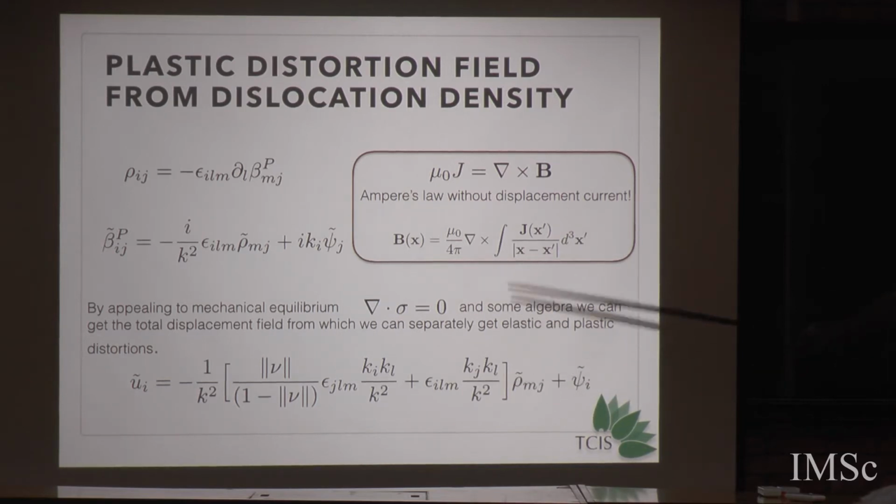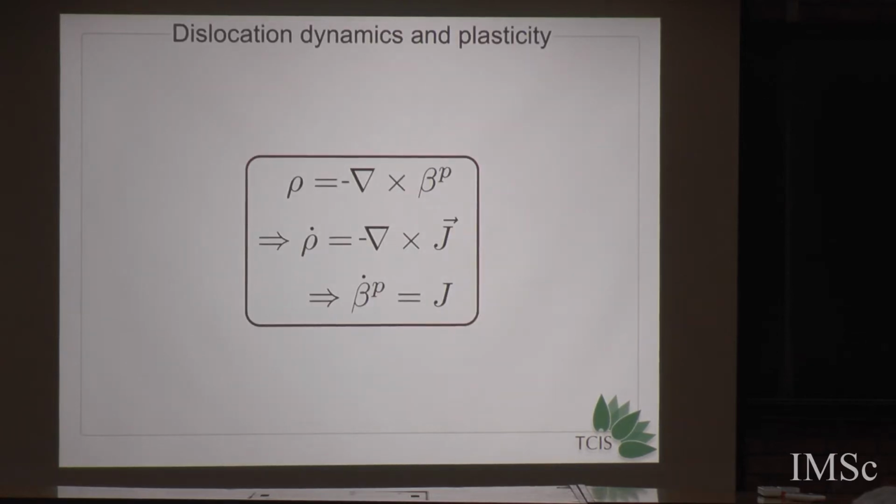So given the Nye dislocation density tensor, one can calculate all the other quantities and vice versa. So we have formally connected the Nye dislocation density tensor, the plastic distortion field, and the stress. Okay, so far it is statics.